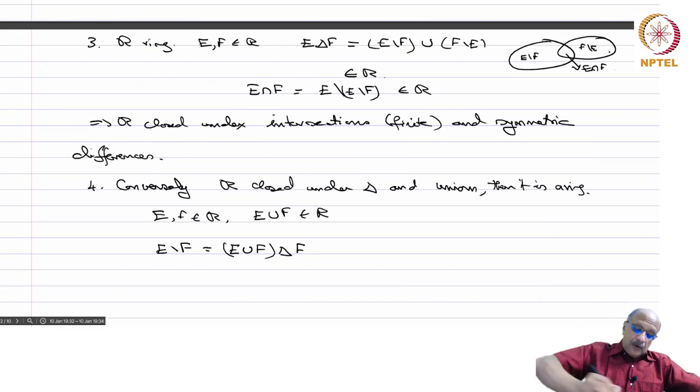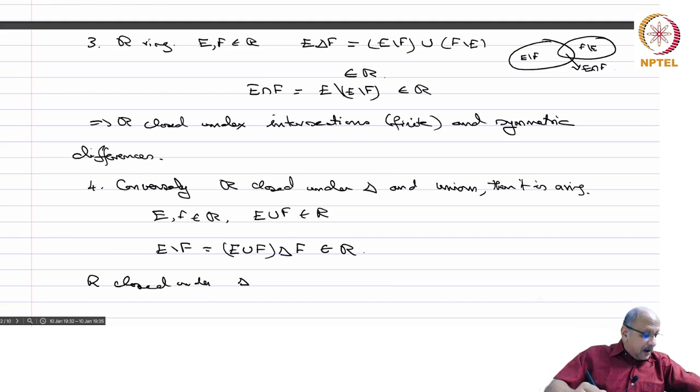Okay, so this belongs to R as well. So if it's closed under symmetric differences and unions, then also it is a ring. So this is the equivalent statement. So if R is closed under delta and intersections, then it is a ring.